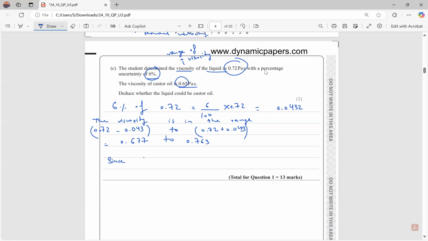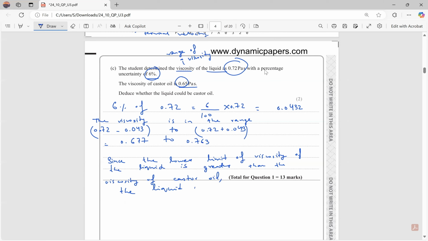So since the lower limit of viscosity of the liquid is greater than the viscosity of castor oil, the liquid is not castor oil.